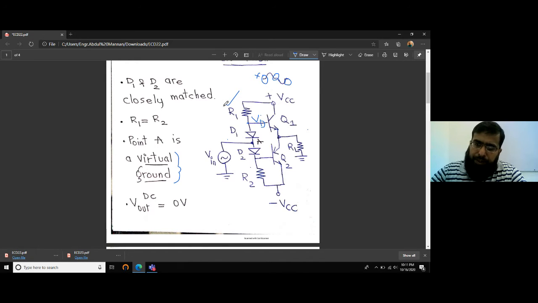So what would be the current flowing through R1? That would be VCC minus the voltage here divided by R1. So VCC minus VD over R1 is the current flowing through resistor R1, and the current flowing into the terminal is the same. These two currents would be the same, and that we can compute using VCC minus the voltage here divided by R1.